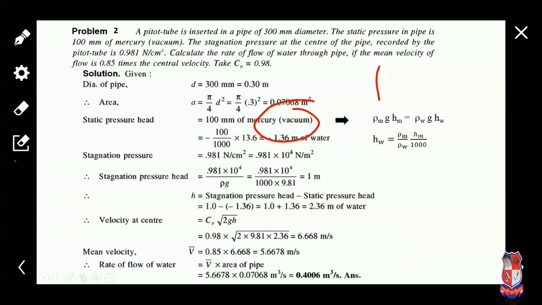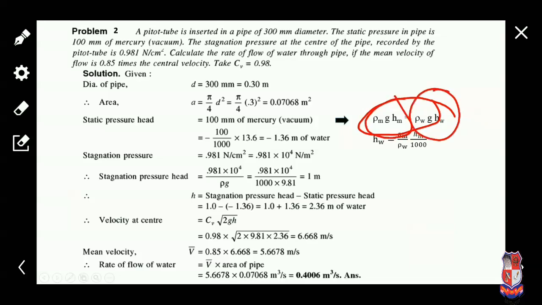So the pressure generated due to the column of mercury is equal to the pressure generated due to the column of water. So rho g h for mercury is equal to rho g h for water. Now we have to find the column height of water.